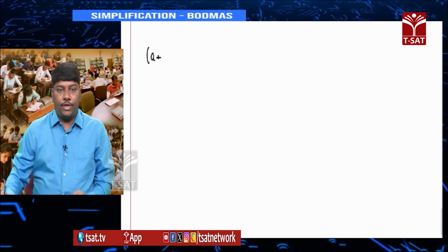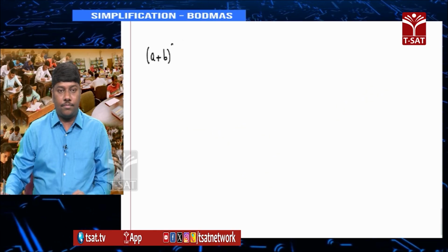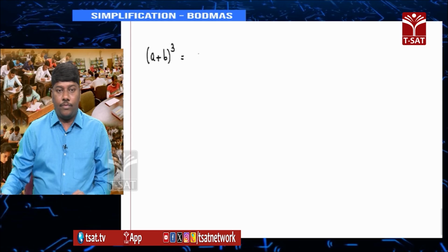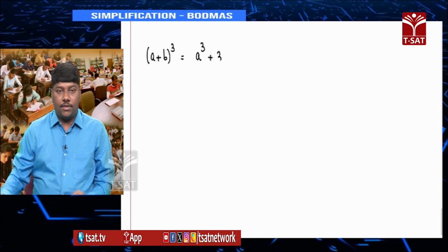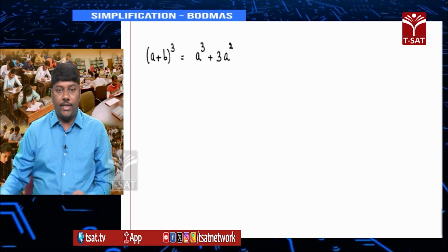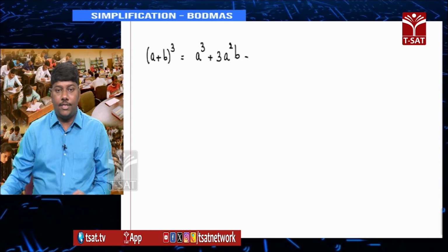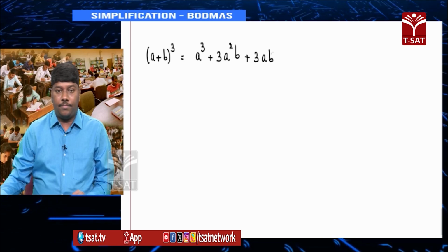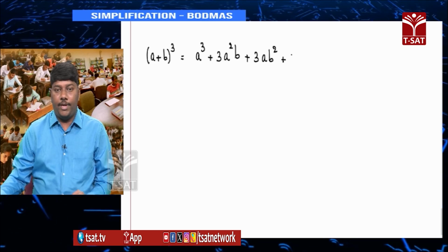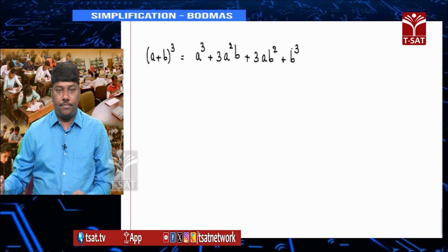A plus b whole cube. We know it's a cube plus 3a square b, gradually decreasing the power of a and increasing the power of b, plus 3ab square, then again increasing the power of b, b cube.